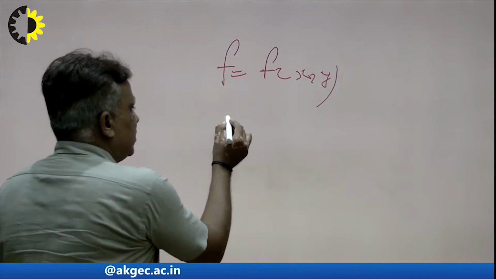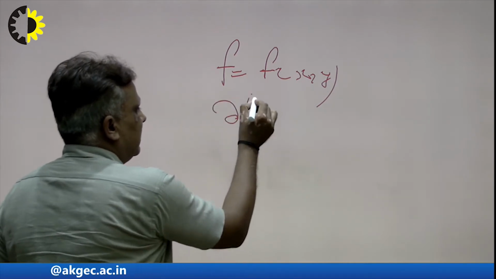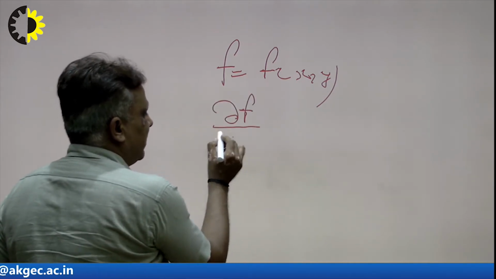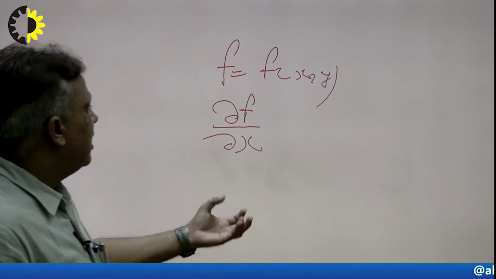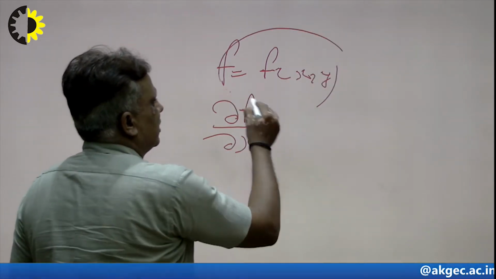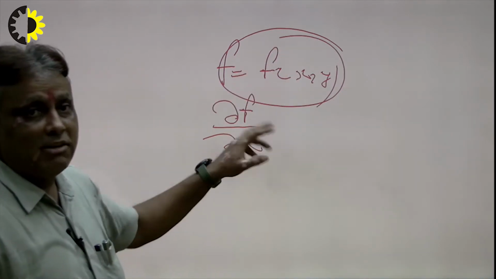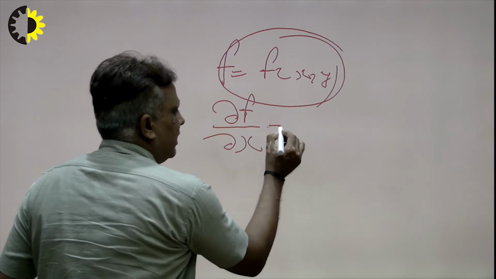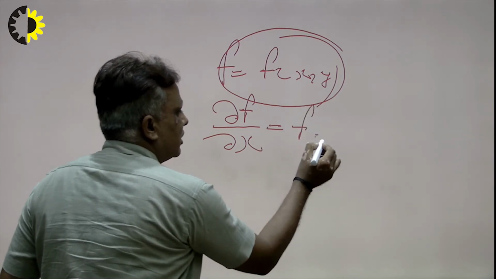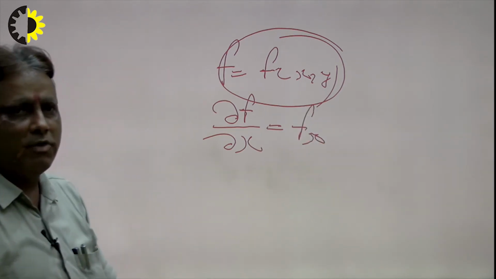Then the differentiation is denoted by ∂, del. Del means partial differentiation, ∂/∂x. When we differentiate this function with respect to x, then y will be constant here. In this way we find the first derivative, denoted by ∂. Del means the function contains more than one independent variable.